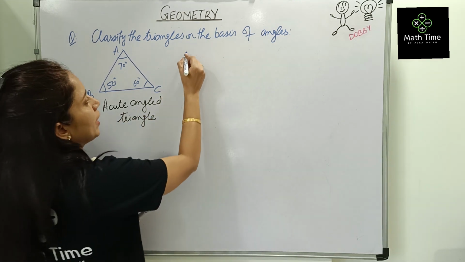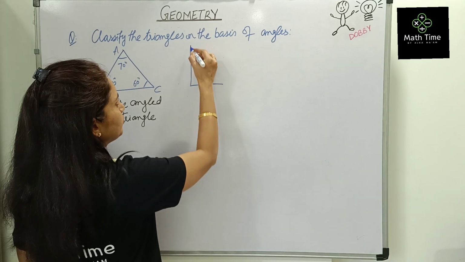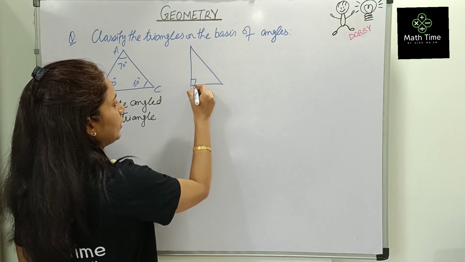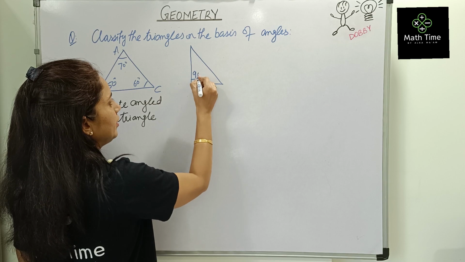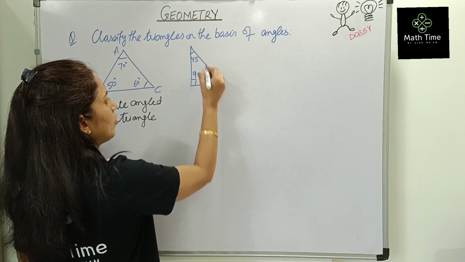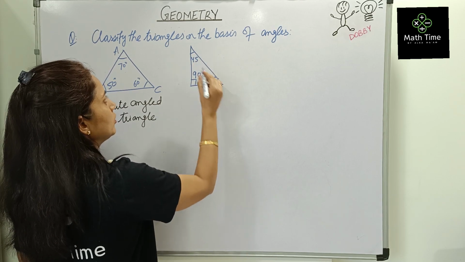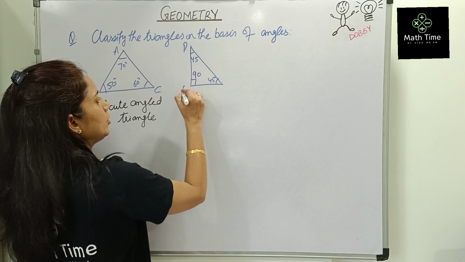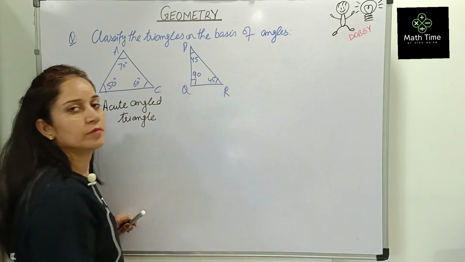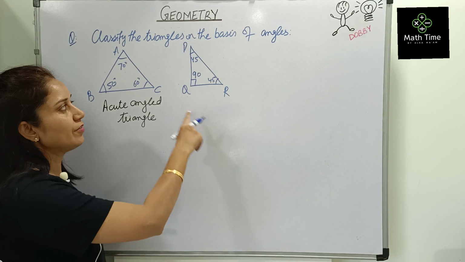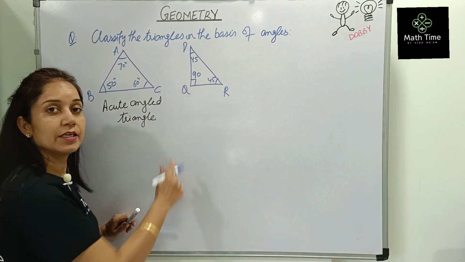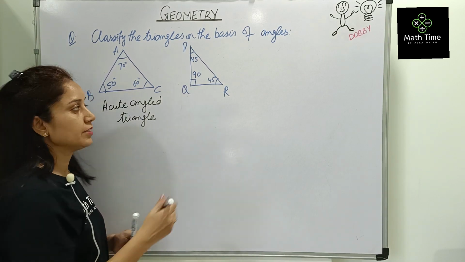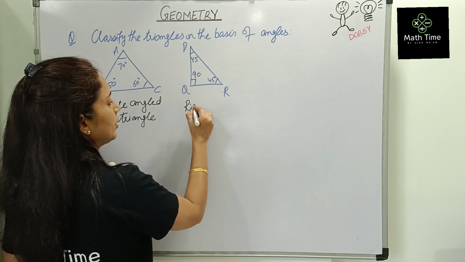Next, I am making one more triangle. Here, corner angle 90 degree. Rest two angles are 45 degree both. Let us say this is PQR. Now, try to identify which triangle this is. One angle is a right angle, so yes, this is a right angle triangle.